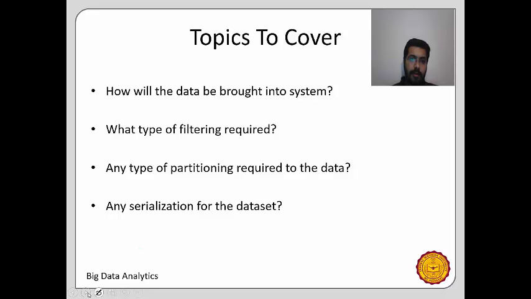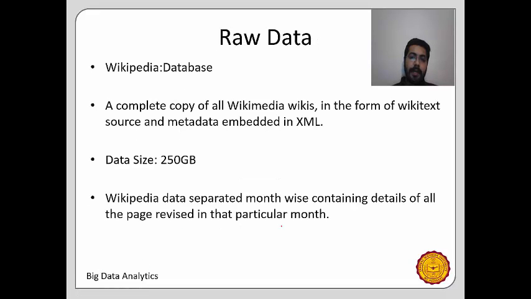Okay, moving on to the first point, but before that I'd like to explain some things about our data, meaning what is the source of it and what is the format of it. I will not take much time on that. It's a Wikipedia database, a complete dump of all Wikimedia wikis, and the format of this file is XML.